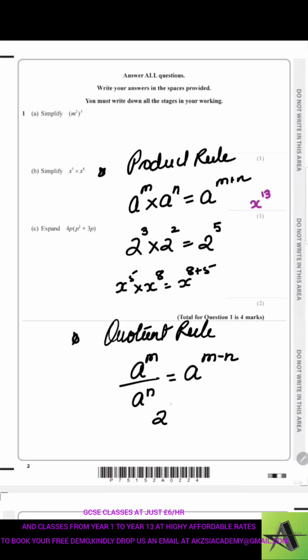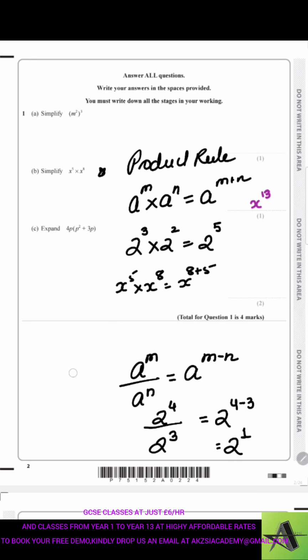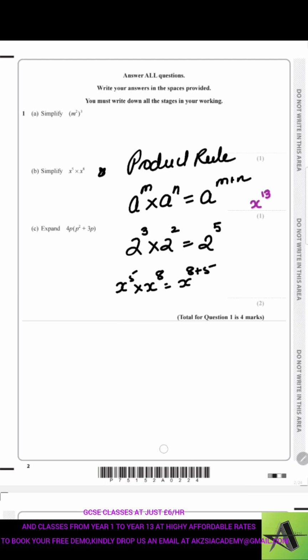That means we have base 2 to the power of 4 over 2 to the power of 3. The base numbers are exactly the same, the powers are different, which means it will be 2 to the power of 4 minus 3, which is 2 to the power of 1. So this is applicable when you are dividing.